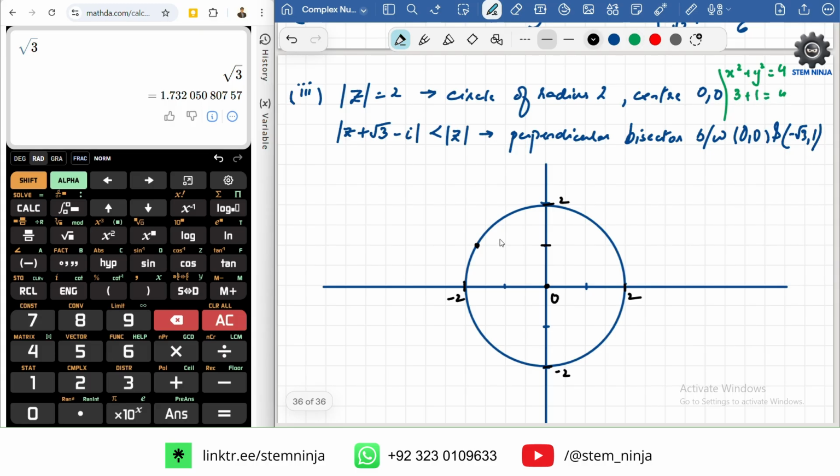Okay, alright. So with a dotted line we should draw, no, straight line. Okay, so this is your point, minus root 3 plus i, right? And this is 0, 0. Okay.